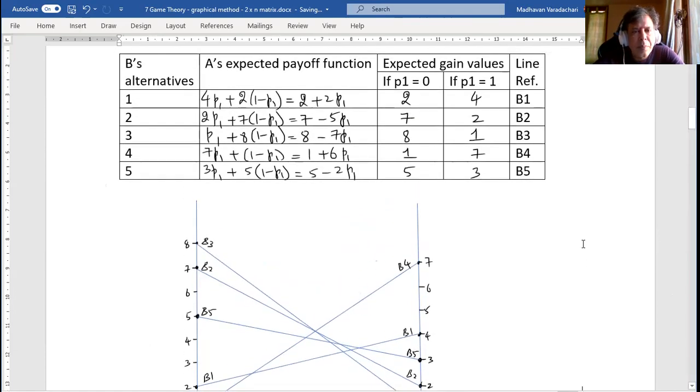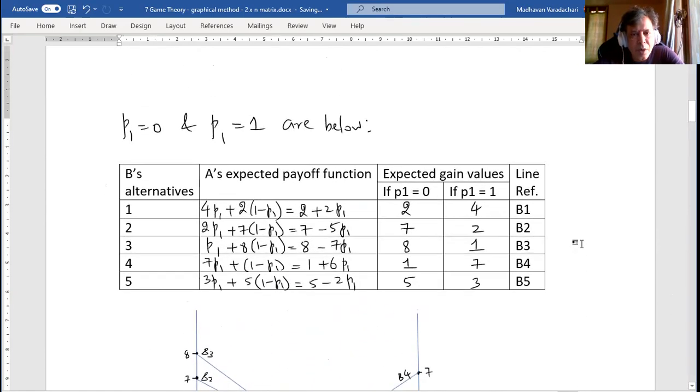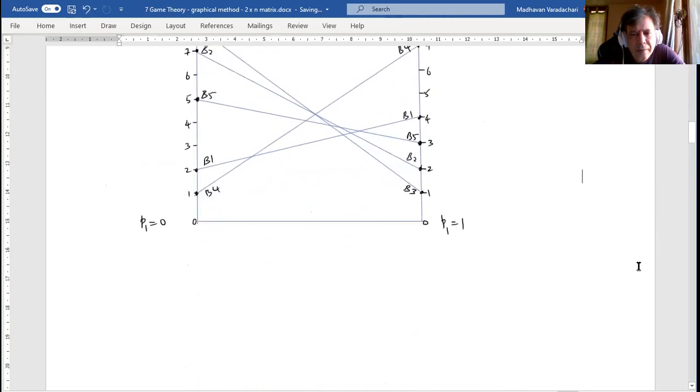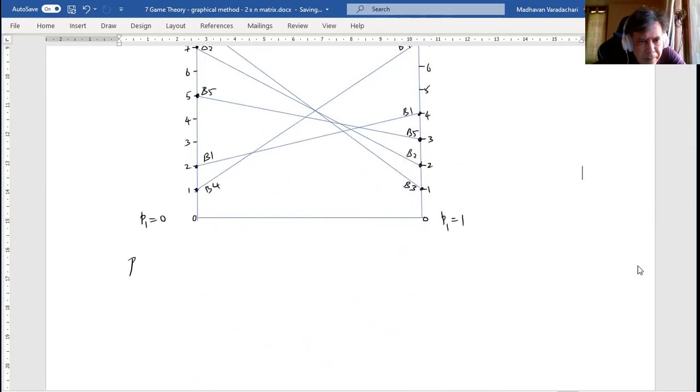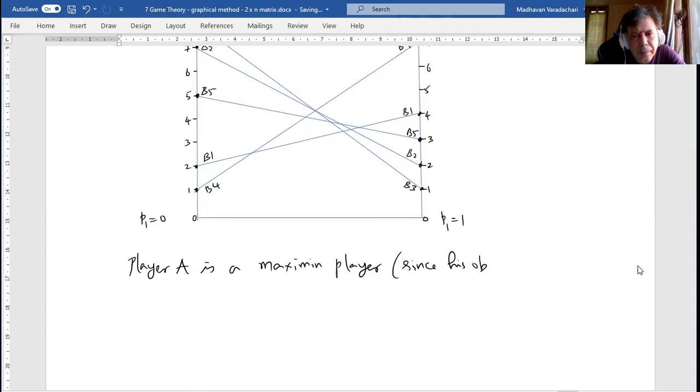Now, this is about A's perspective, this problem, and I can say player A is a maximin player since his objective is to maximize his minimum gains.